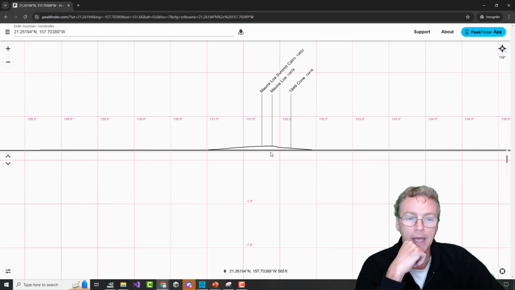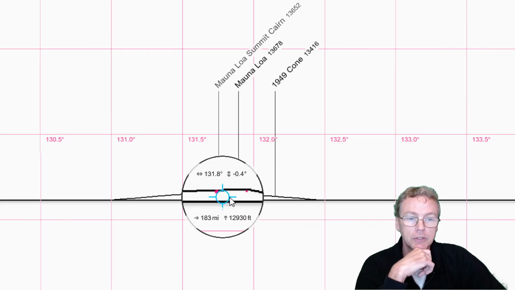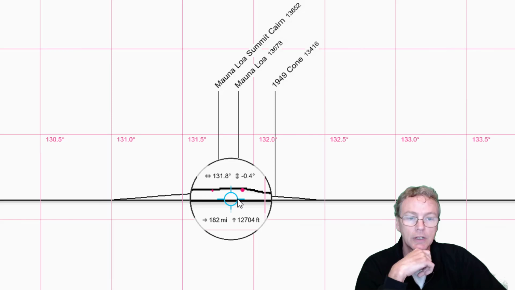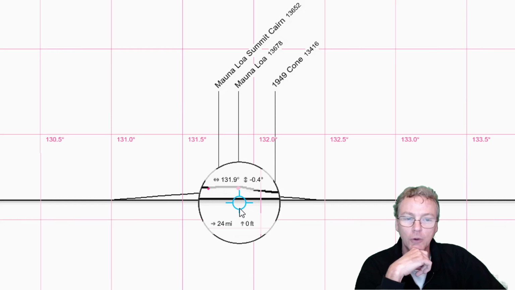Easiest way to determine that is just click on the mountain here and see what altitude you see. Here I'm seeing 12,000, I can get it down to 12,642 feet. Why can I not go below that?